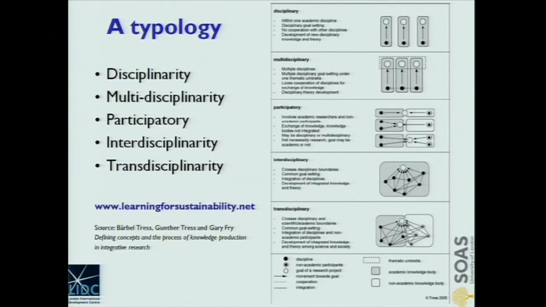In disciplinary science, it is academics, researchers who define the problems, all in their own disciplinary silo. That's the top diagram. Unencumbered, at least ideologically, by others. Science for science's sake, this is the kind of imagery here.